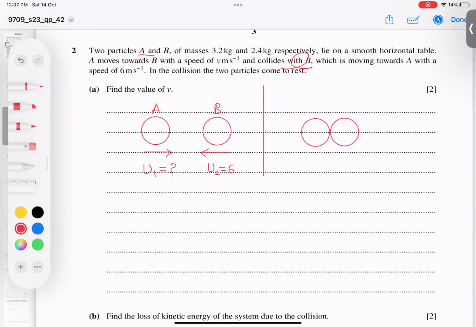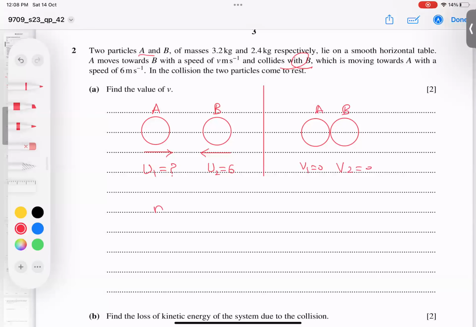And what he said here, in the collision the two particles come to rest. It means the velocity V1 is 0 and V2 is also 0. Both A particle and B particle are at rest. So the situation is very clear.